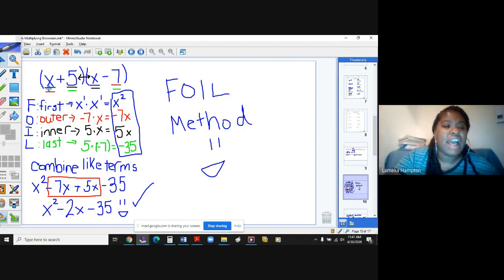So here I have x because it's closer to this outer parenthesis. And then I have -7 because it's on the outer part of this parenthesis. So when I multiply -7 times x, that gives me -7x. So far, I have multiplied like terms for first and unlike terms for outer. Does that make sense so far?